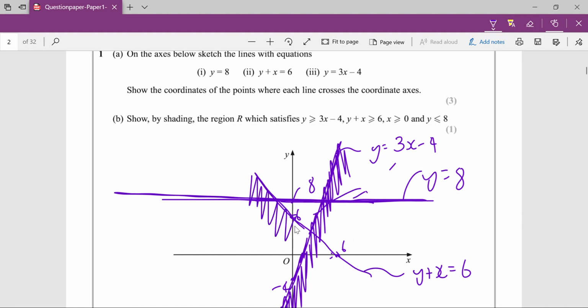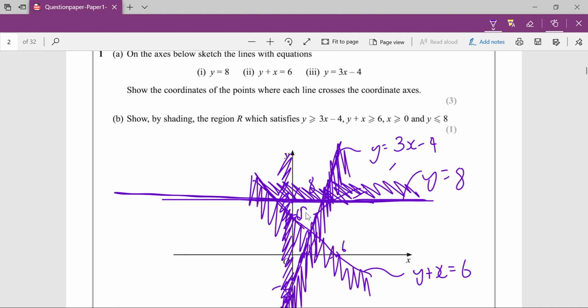So we can shade out anything below, because we know it's not going to be our target. And x must be greater than or equal to 0, so only on the right half of the graph. So we can shade out everything here. And finally, y must be less than or equal to 8, so it cannot be above this line.